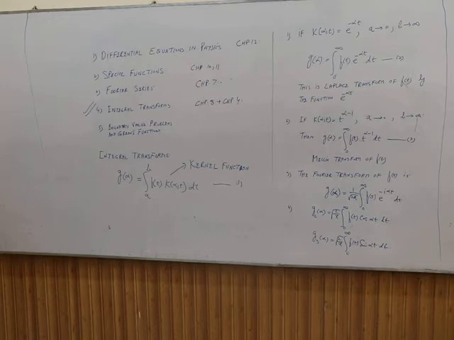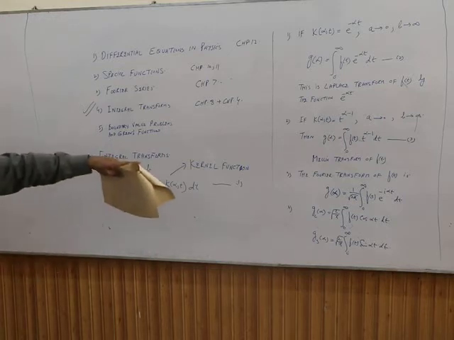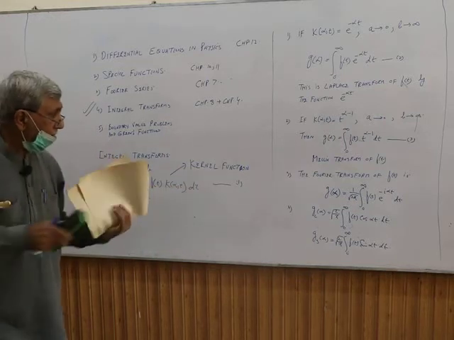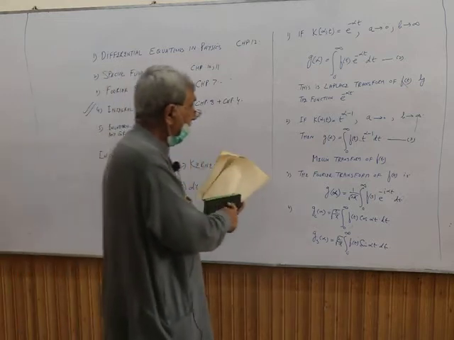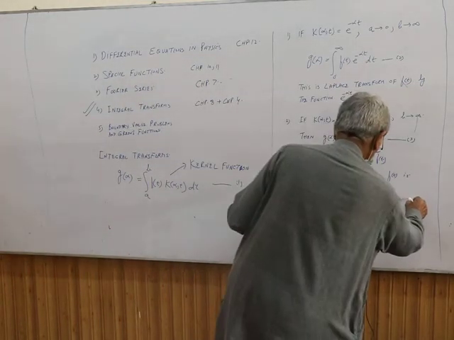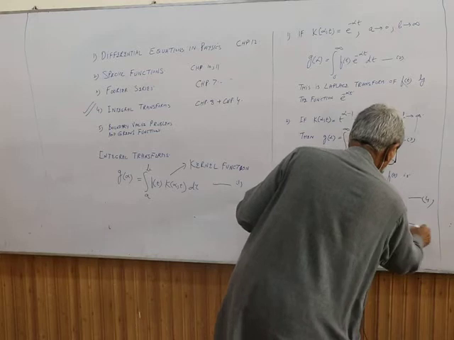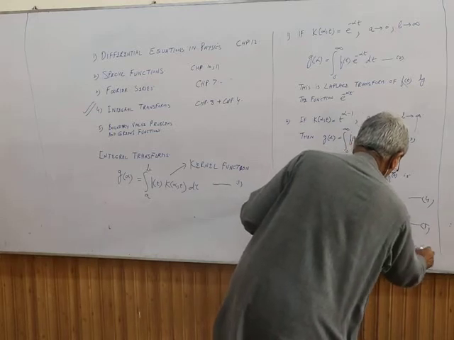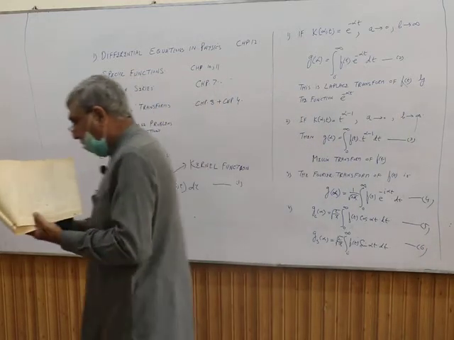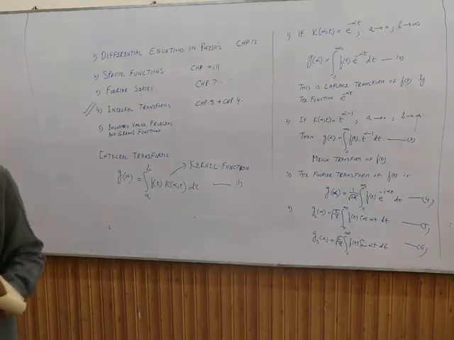Now Fourier transformations are given by this equation, let me call it 4, and that is 5, and that is 6. Okay, now 4 is the Fourier transformation.